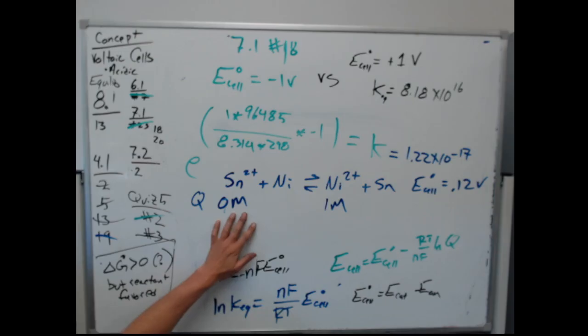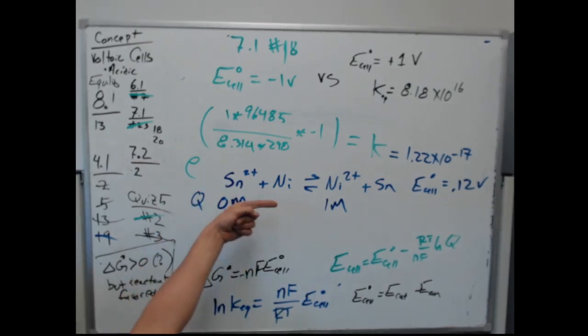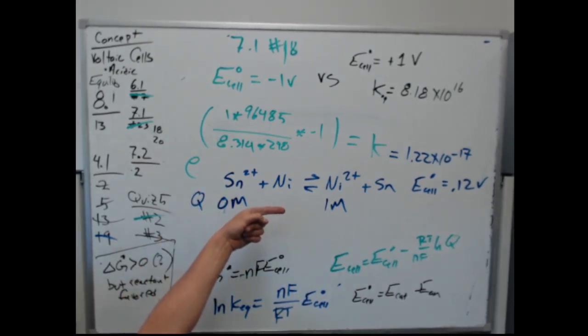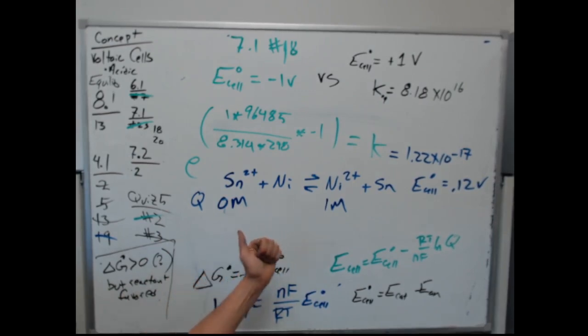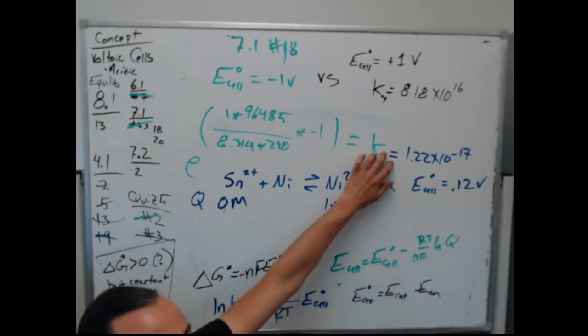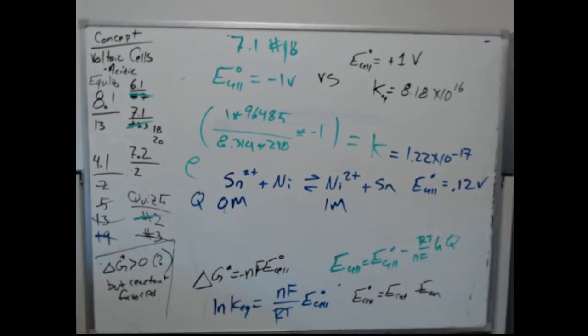If we have 0 molarity, if we don't have any tin ions, can this reaction even go forward? No. Can't even go forward. It has to go backwards. How much backwards? Very, very, very small amount backwards. But it has to go backwards a little bit. So we will see in that case a little like negative voltage flash, but then it's going to hit equilibrium really quick.